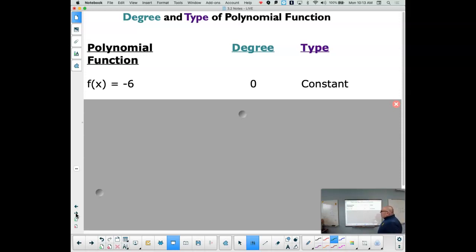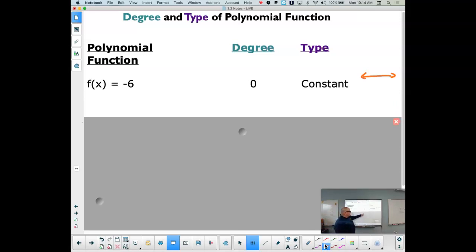The degree of that constant function is 0, because there is no exponent, there is no variable. The shape of a constant function is a horizontal line. So that's our first function.